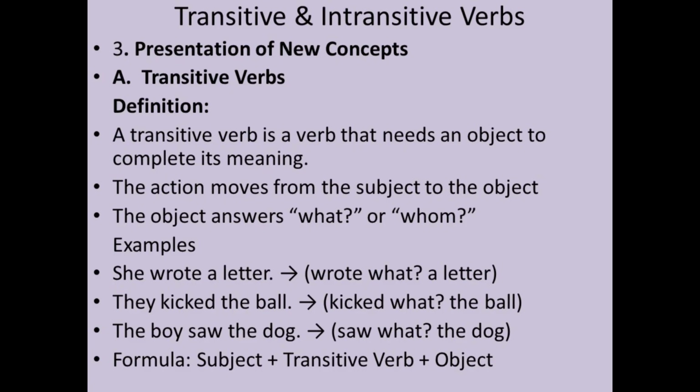Regarding transitive verbs, we need to know that the object answers the question what or who. This is in the case of transitive verbs, not intransitive verbs. For example, look: she wrote a letter.